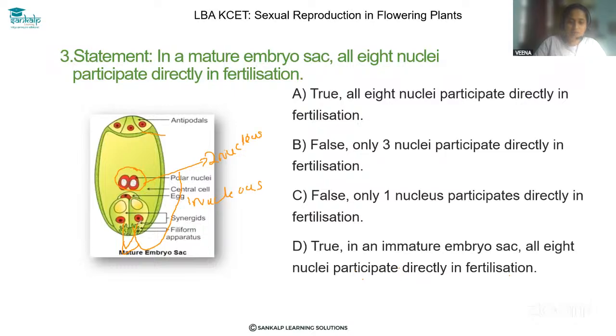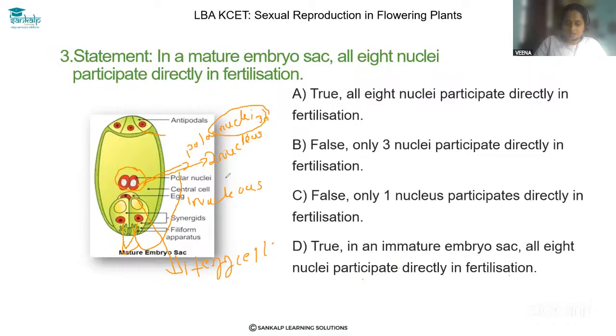Through the pollen tube two male nuclei enter the ovule, and one male nucleus fuses with the egg cell, and the other male nucleus fuses with the polar nuclei. So it becomes 3N now. That process is called triple fusion.